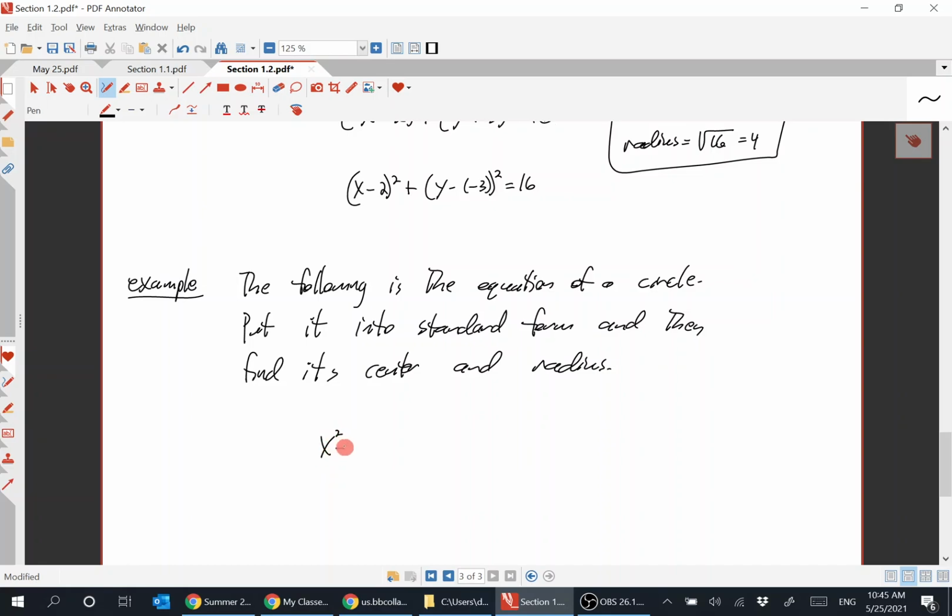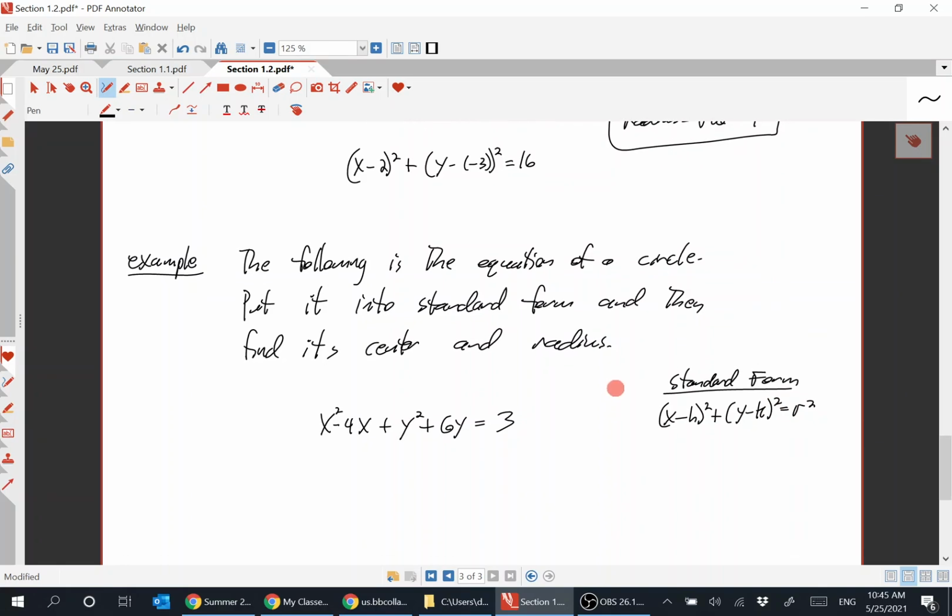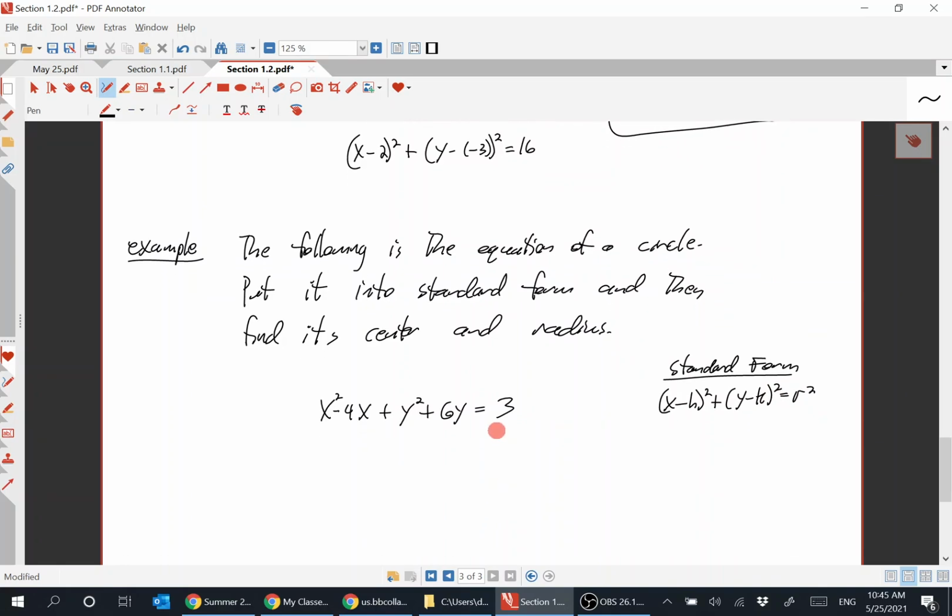So x squared minus 4x plus y squared plus 6y is equal to 3. The standard form is (x minus h) squared plus (y minus k) squared equals the radius squared. So the first step would be to do what is called completing the square.